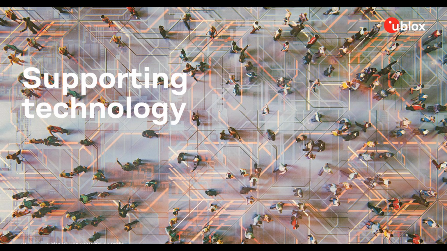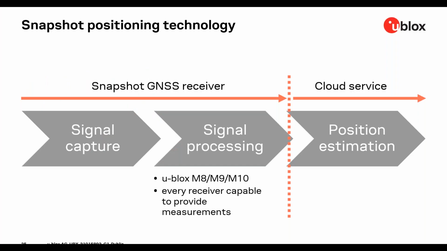Now, let's have a look at the technology behind CloudLocate. I think it's very important for you to know how we decided to implement this kind of solution. Next slide. Well, if you look at the snapshot positioning technology, you can see that basically there are two ways of doing that.